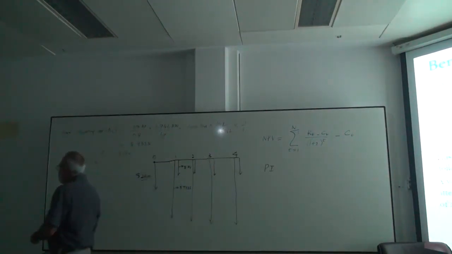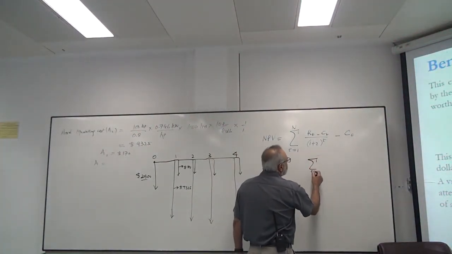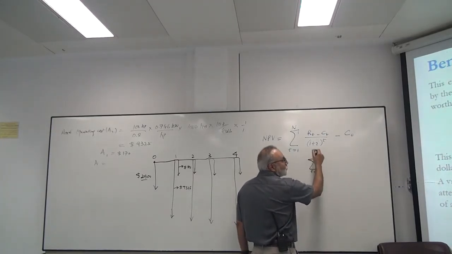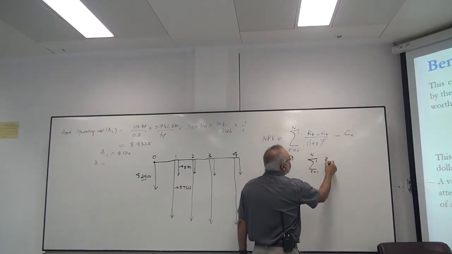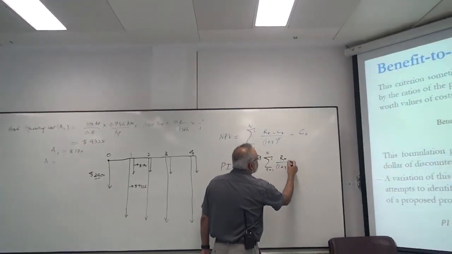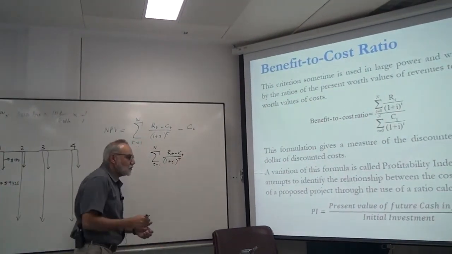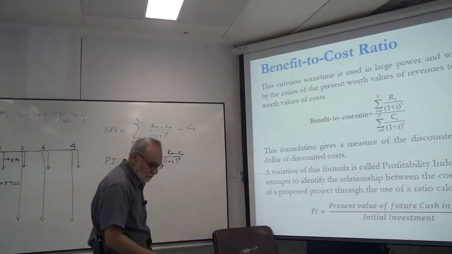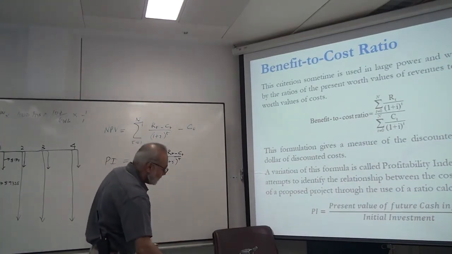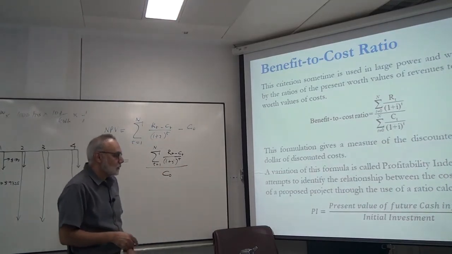Profitability index is equal to the sum, T equal to 1 to N, of (RT minus CT) over (1 plus I) raised to power T. So this is present value of net cash inflows divided by C naught, the initial investment.